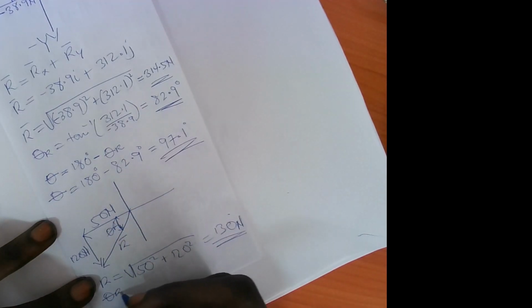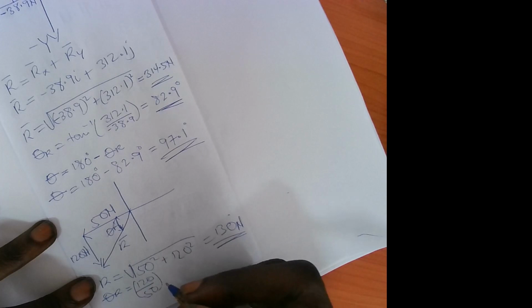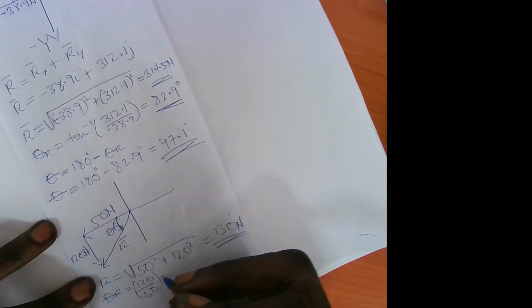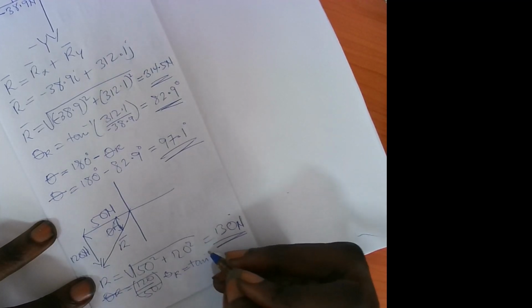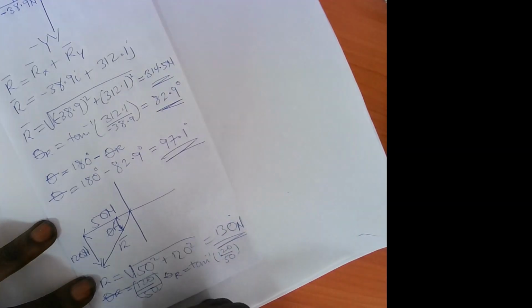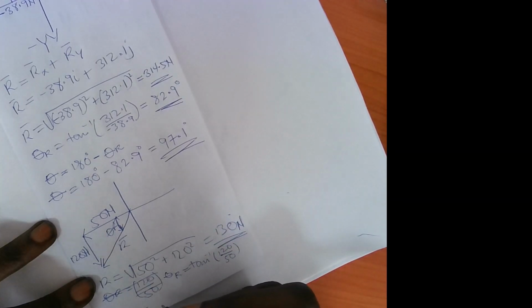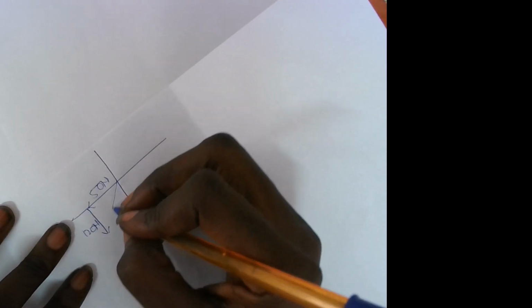So now theta R is going to be the opposite, which is 120, over 50. Let me write it again. So theta R is going to be the tan inverse of 120 over 50. And if I do that, then theta R will give me 67.4 degrees. So mind you that the vector was not in the second quadrant, but in the third quadrant.